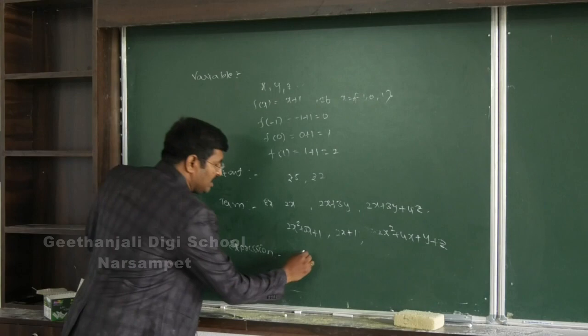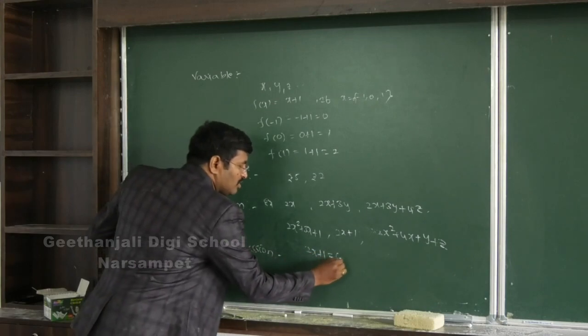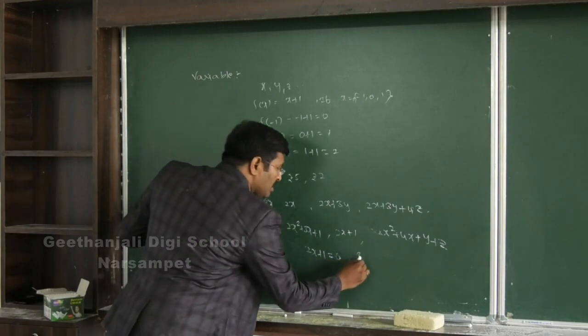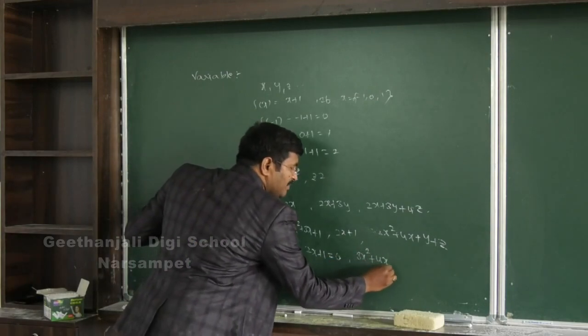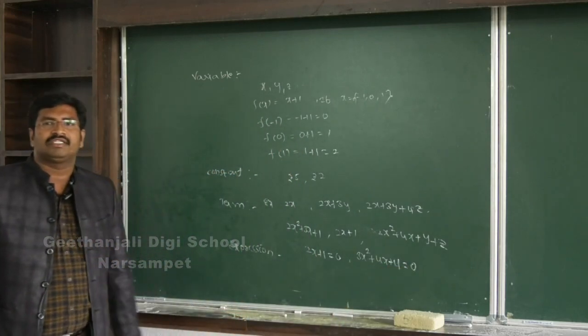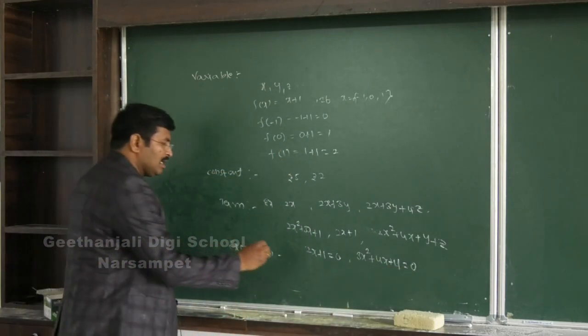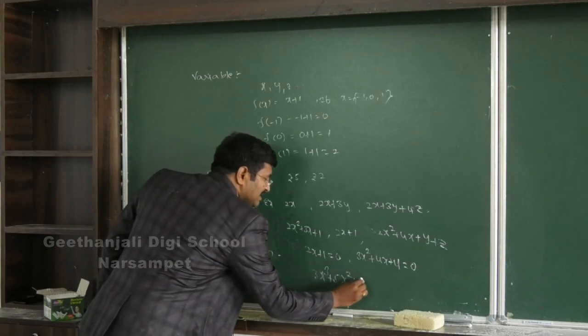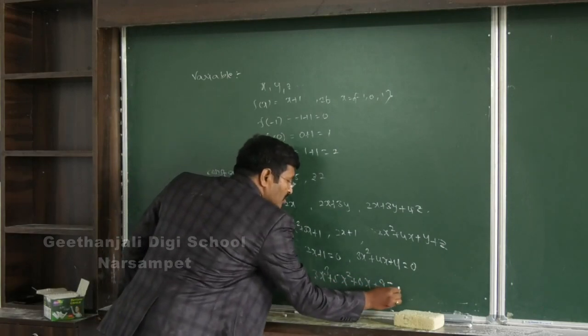For example, 2x plus 1 is equal to 0. 3x square plus 4x plus 4 is equal to 0. 3x cube plus 5x square plus 6x plus 9 is equal to 0.